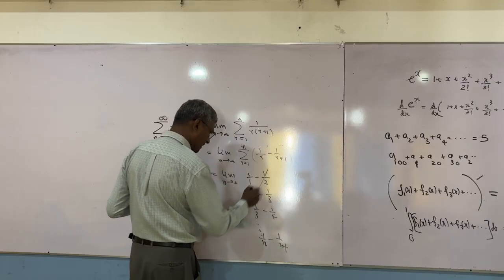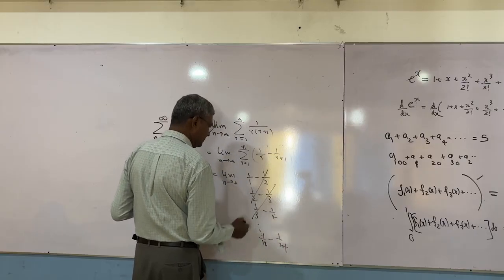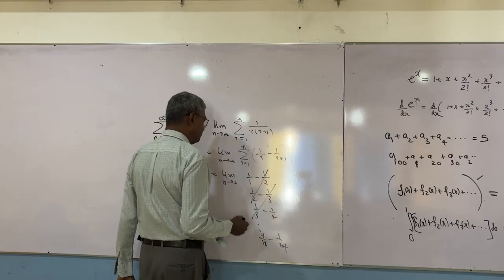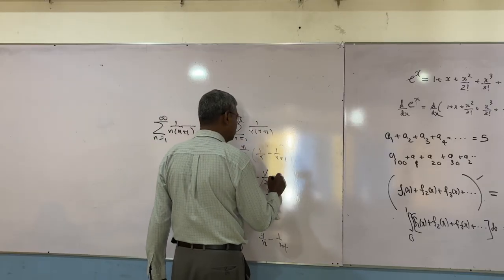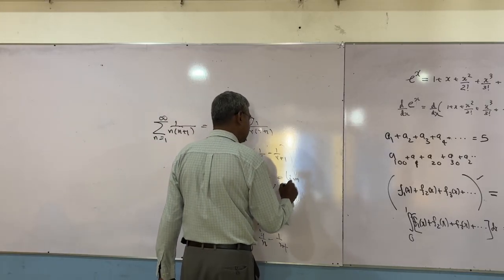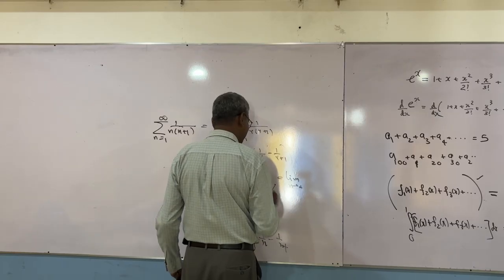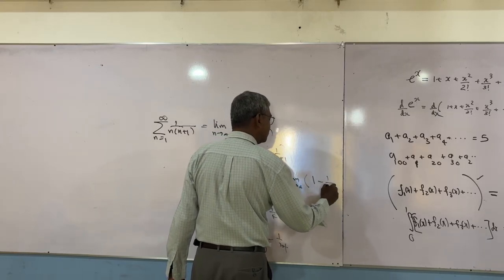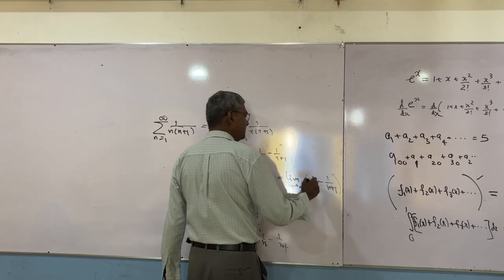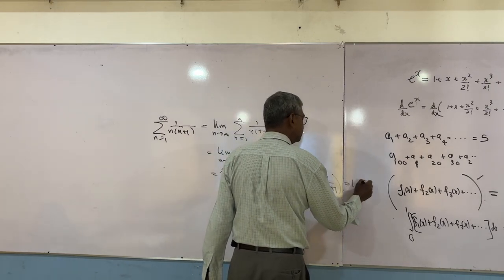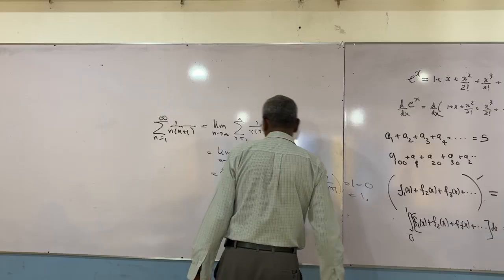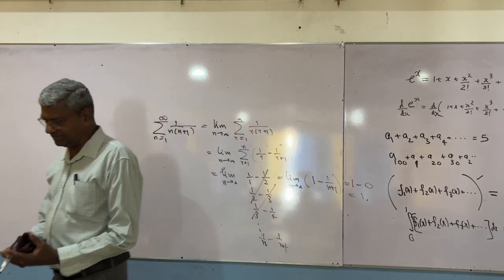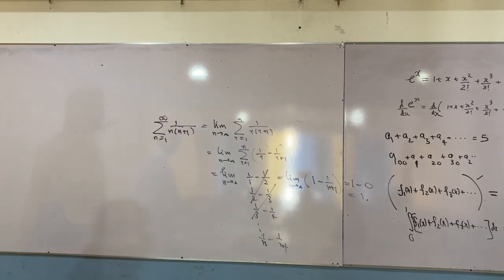These are collapsing, so this is called a collapsing sum or telescoping sum. So you get the limit as n tends to infinity of 1 minus 1 over n plus 1. The limit of 1 is 1, minus 0, so the series converges and the final answer is 1.